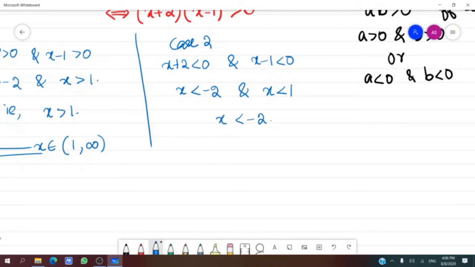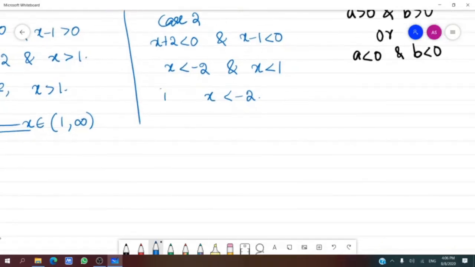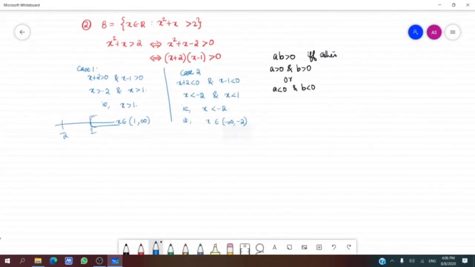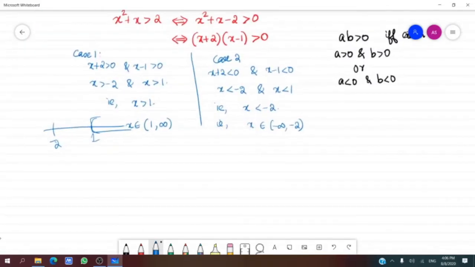If x should be less than both 1 and minus 2, it should be less than minus 2. That means x is up to minus 2. Okay, so you can write either this or this is true.